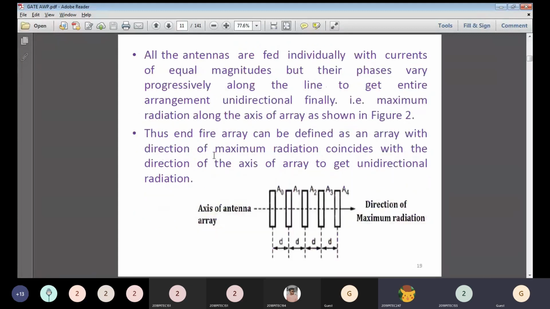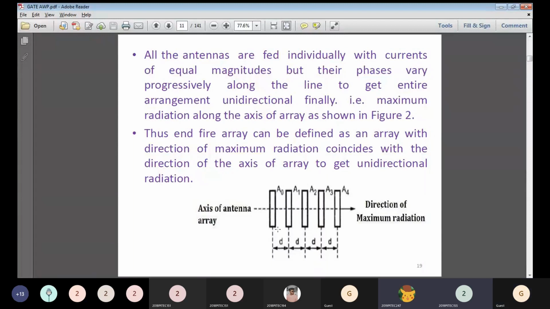Here the maximum radiation direction is going to coincide with the antenna axis angle. D is the distance between the two antennas, and A0 to A4 are the antennas: A0, A1, A2, A3, and A4.